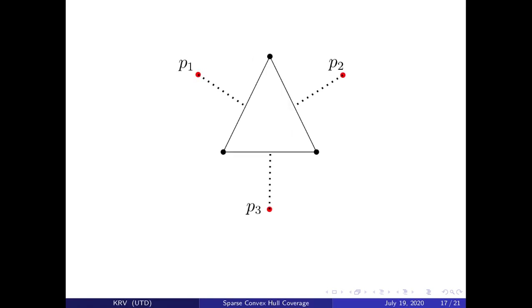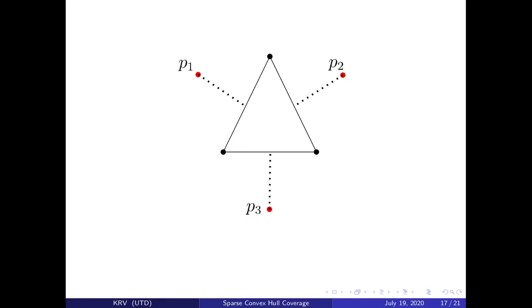So here we see these 3 red points. What you do is you go to the midpoint of each edge, and then you move outward, sort of orthogonally away from the edge, a certain distance, and then that's your new point.